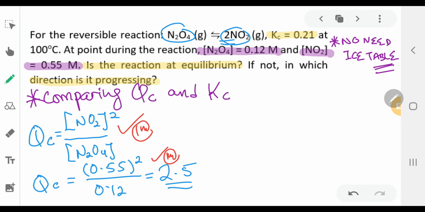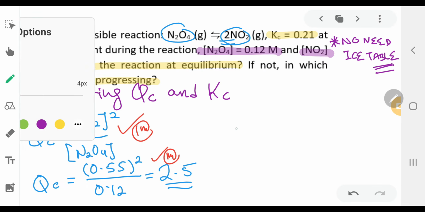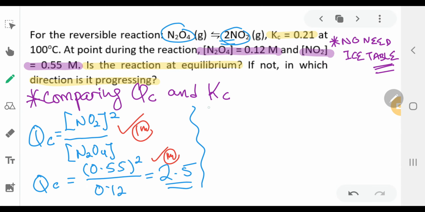Now we need to compare. Is your QC value bigger or smaller than KC? Look at your KC. KC is 0.21 and this is 2.5.